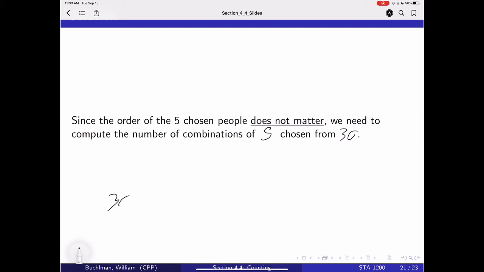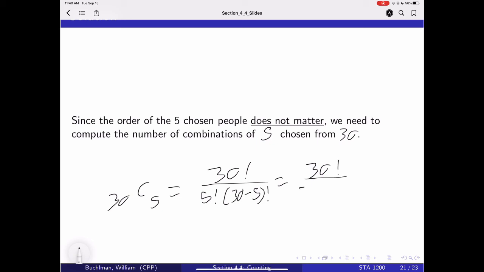So we have 30 choose 5, which is 30 factorial over 5 factorial times 30 minus 5 factorial, which is equal to 30 factorial over 5 factorial times 25 factorial, which when we do all that, we get 142,506. So that is the number of ways that we can choose 5 people from 30 when order does not matter.